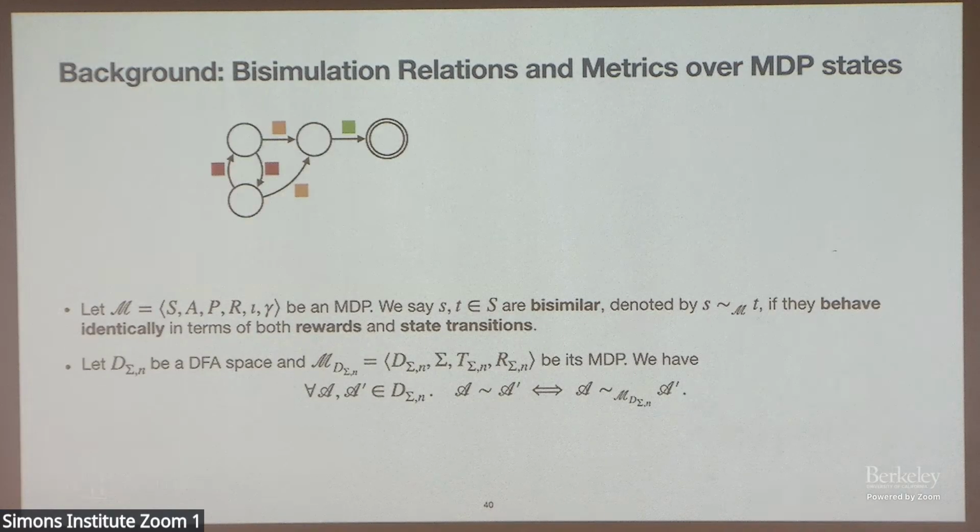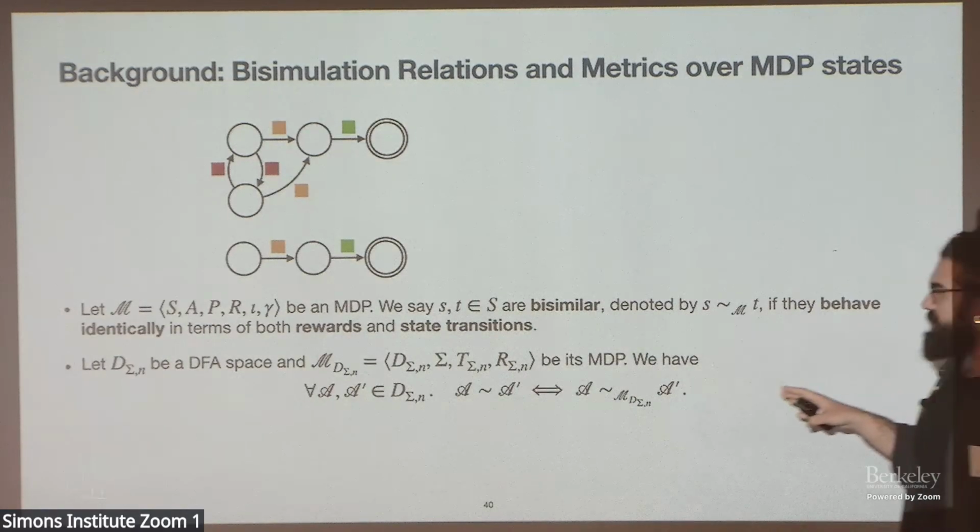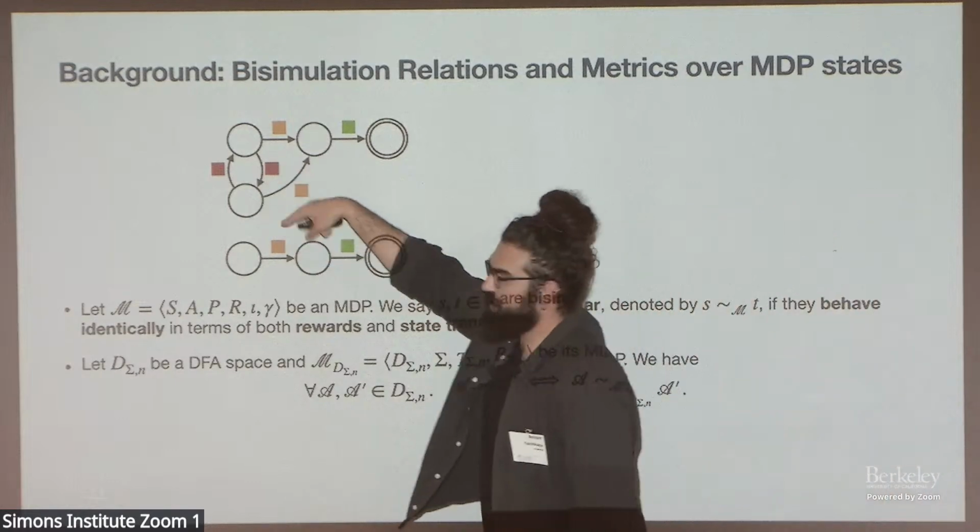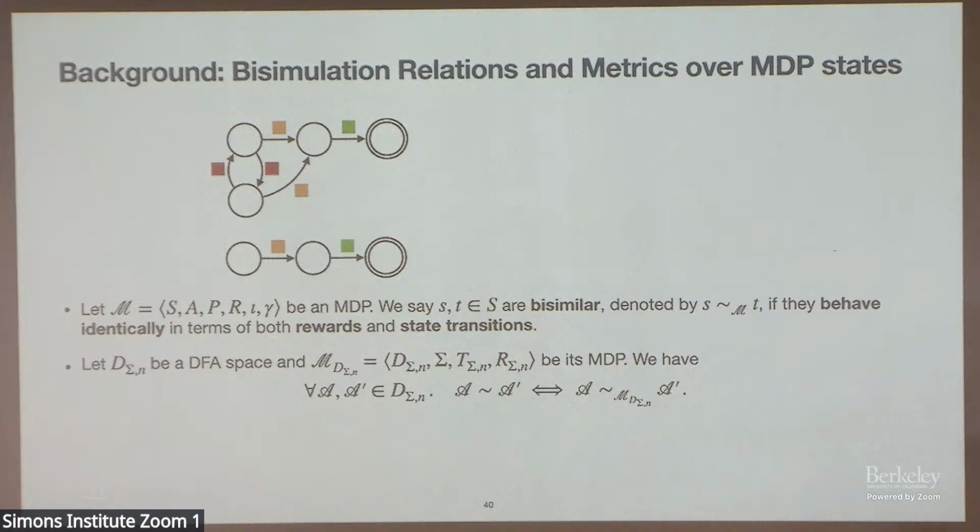So let's take this DFA, and then let's take a bisimilar DFA. These two are bisimilar. I'm not giving notation for the initial state, but it can be any of them. Think of it as symmetric. If I take orange from the first one in my induced MDP in my DFA space, I'll get this DFA.